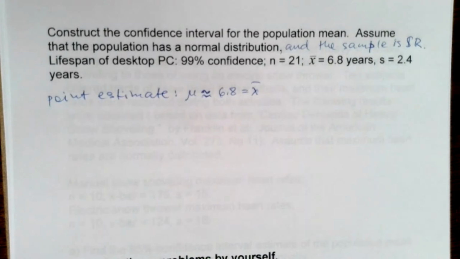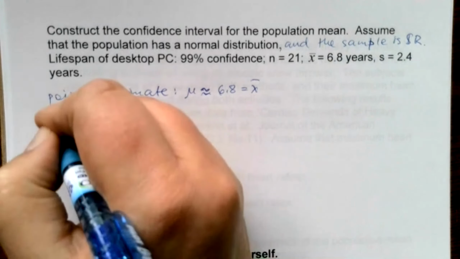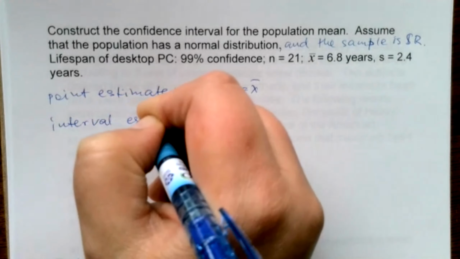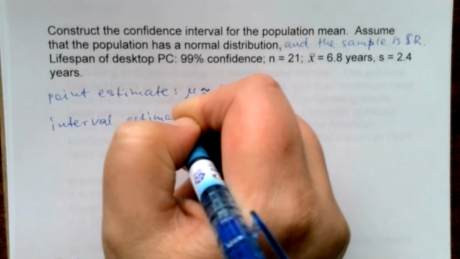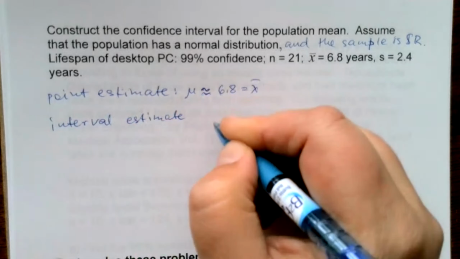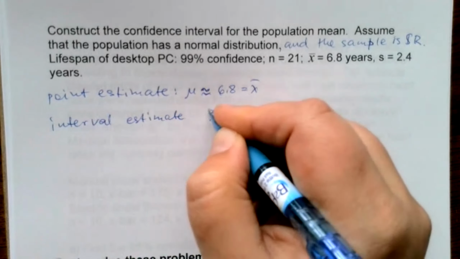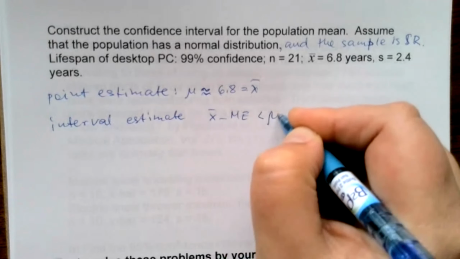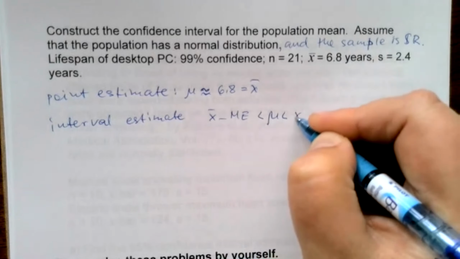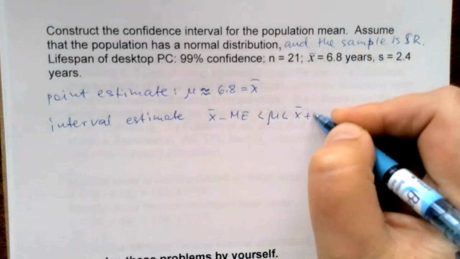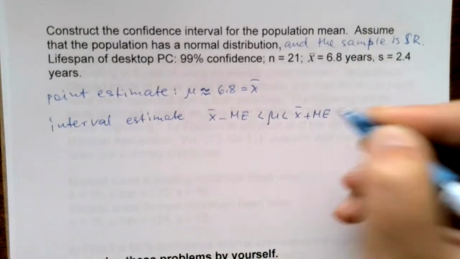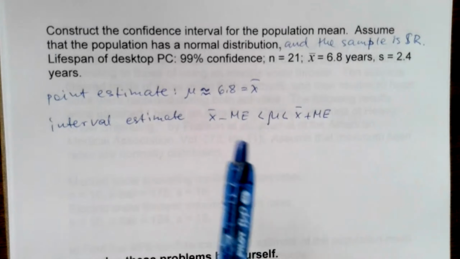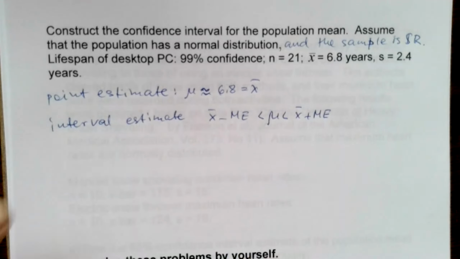Now, for the interval estimate, we're going to have the mean of the sample minus the margin of error to the mean of the sample plus the margin of error. So we need to calculate that margin of error in order to come up with that interval.